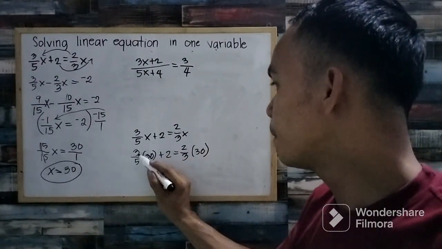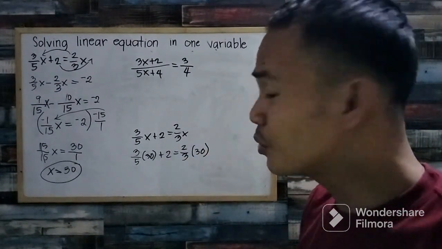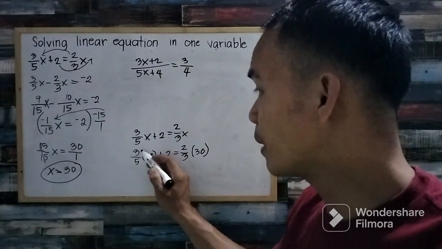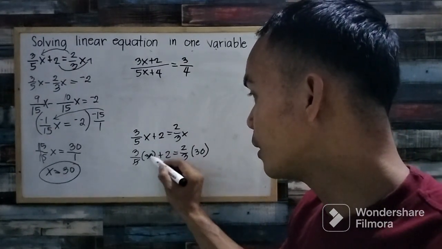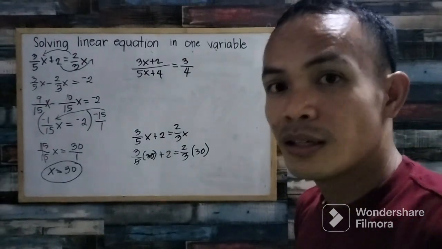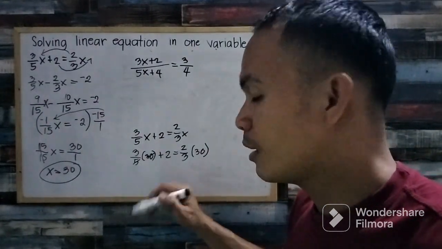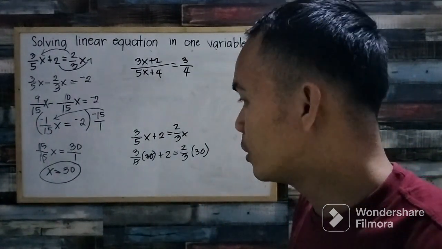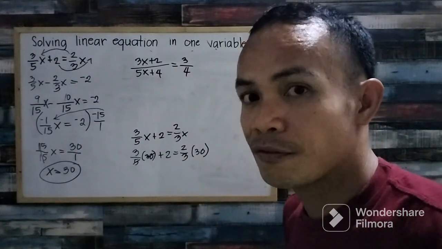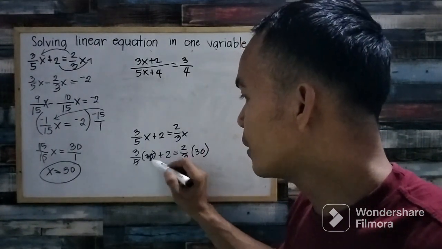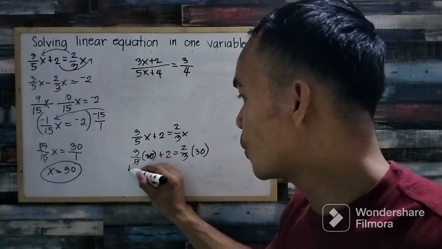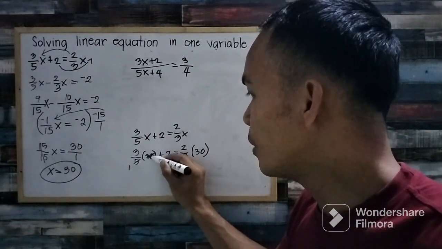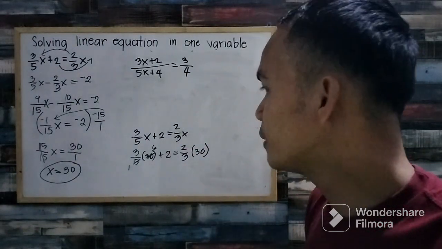Let's multiply 3 times 30, or you can do the cancellation first. Remember that 5 and 30 can be cancelled by dividing them with their GCF. The GCF of 5 and 30 is 5. So, 5 divided by 5 is 1, and 30 divided by 5 is 6.